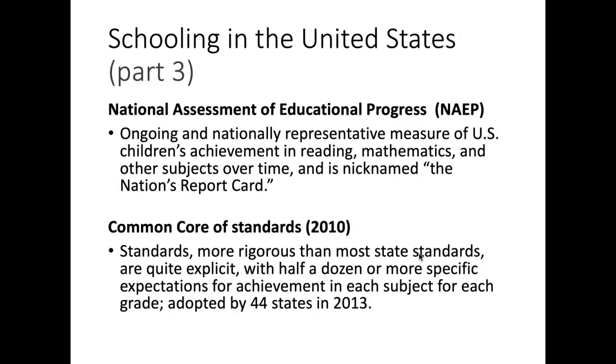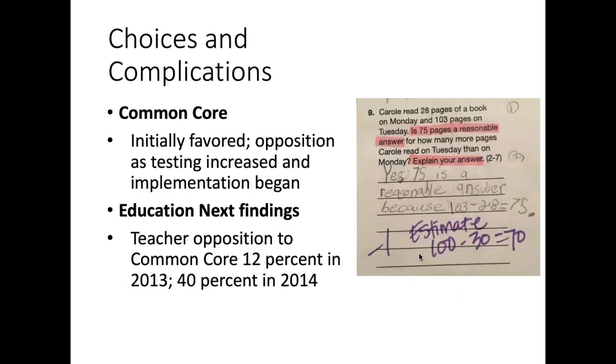Common Core Standards in 2010 were implemented in many schools in California. Standards were more rigorous than most state standards, and they're quite explicit, with half a dozen or more specific expectations for achievement in each subject for each grade, adopted in a total of 44 states in 2013.